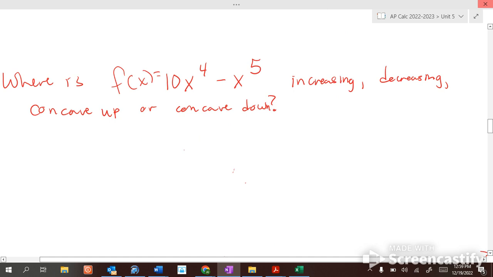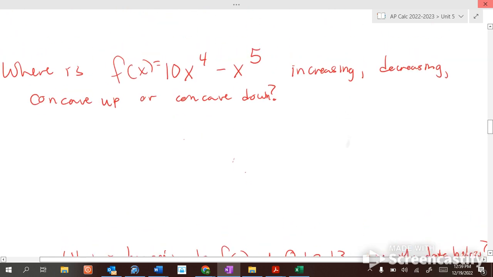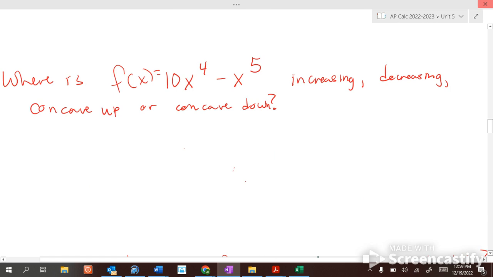Where is this increasing, decreasing, concave up, concave down? So, there's the original function. The first derivative of this function is what? 40x cubed minus 5x to the fourth.